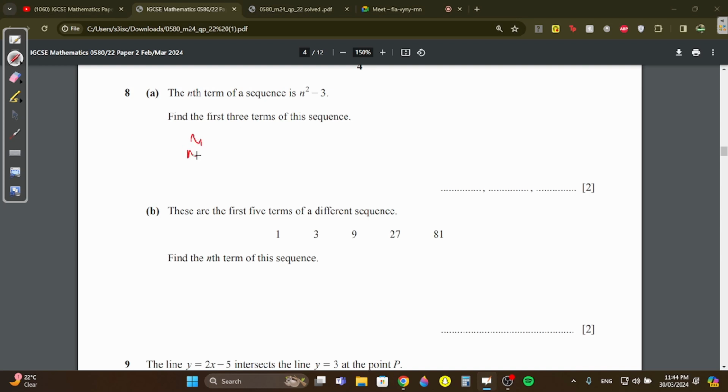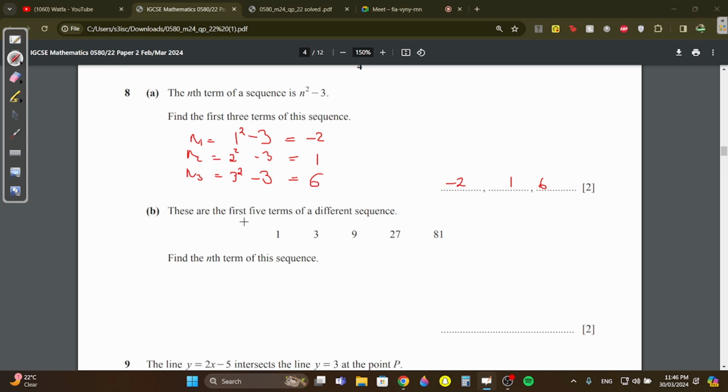So we want to find n1, n2, and n3. n1 would be equal to 1 squared minus 3, n2 is 2 squared minus 3, and n3 would be 3 squared minus 3. 1 squared minus 3 is just minus 2. 2 squared minus 3 equals 1. 3 squared minus 3 is 6. So your first 3 values will be minus 2, 1, and 6.